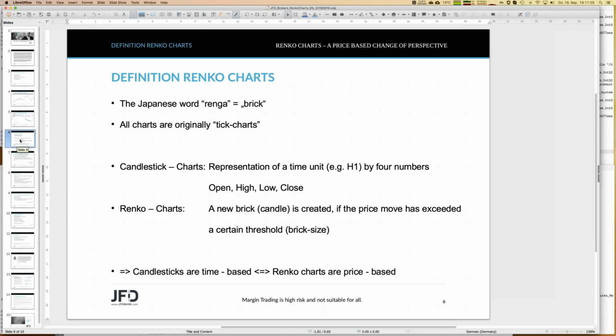The other thing we need to know is that all charts, whatever chart you are looking at, candlestick chart, Heikin Ashi charts, or in this case Renko charts, all charts are based originally on tick charts or tick data. And a tick is simply a trade.